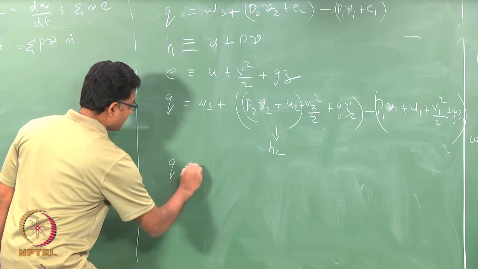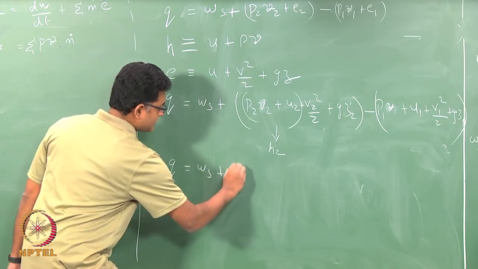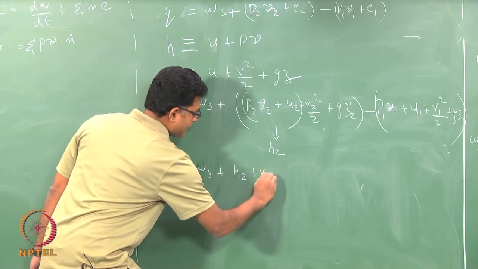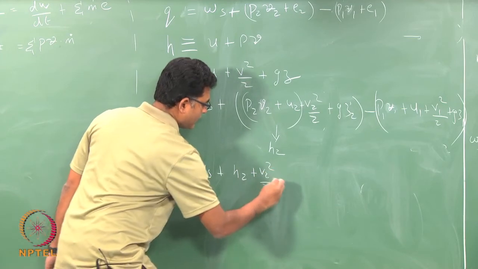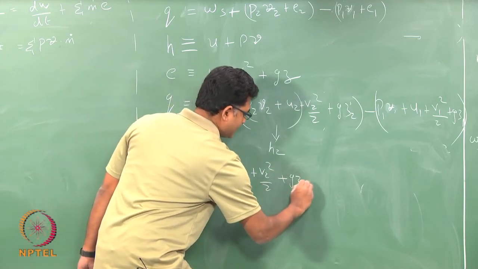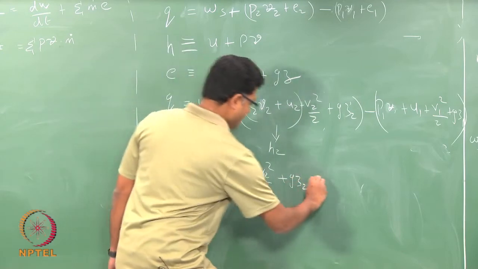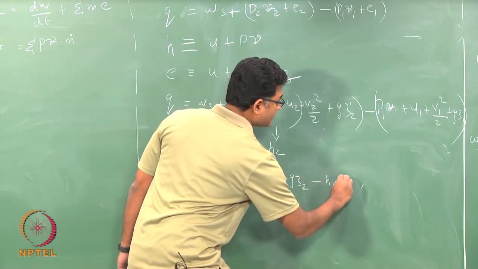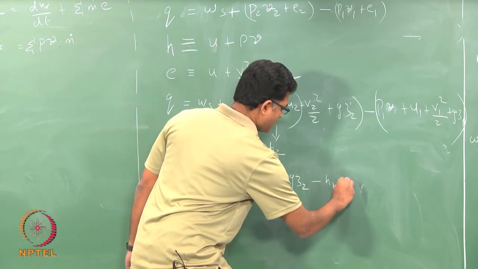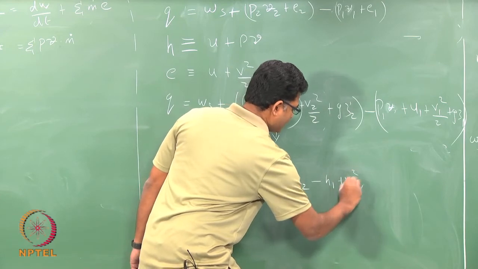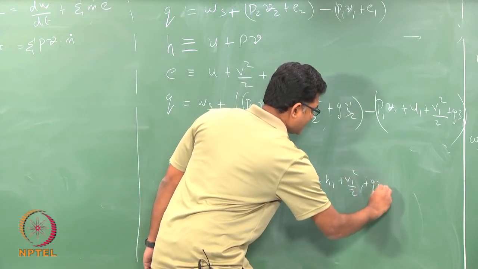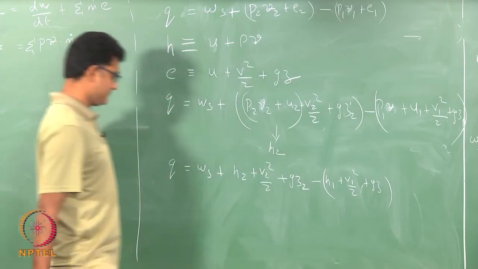So, Q equals Ws plus H2 plus V2 square by 2 plus g Z2 minus H1 plus V1 square by 2 plus g Z1. Okay.